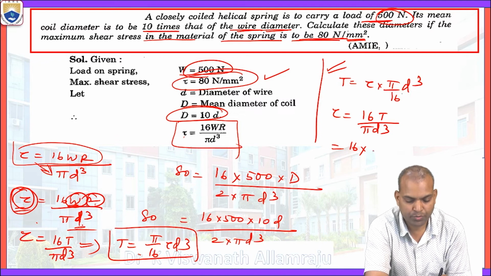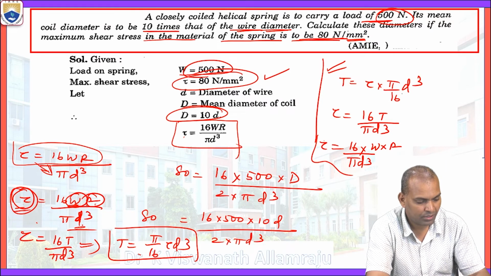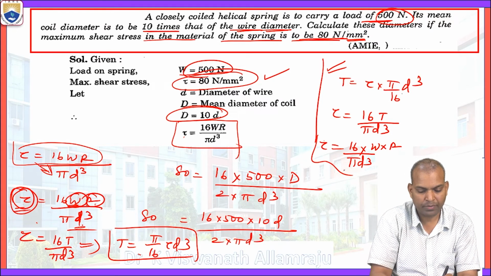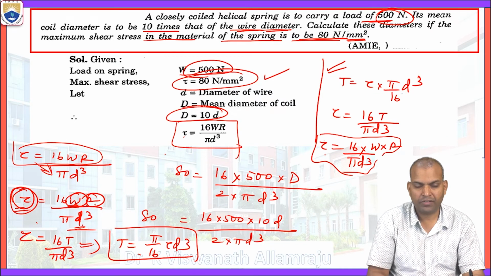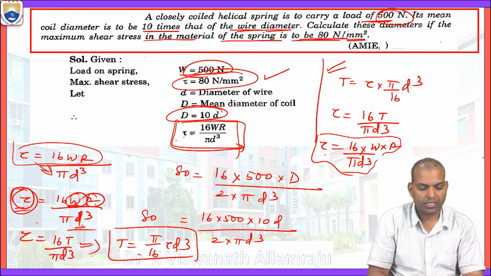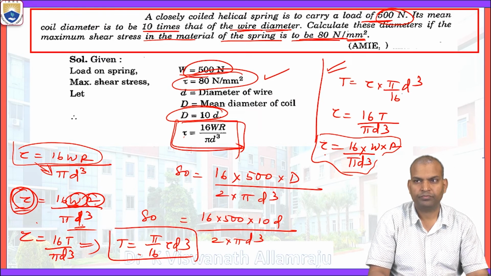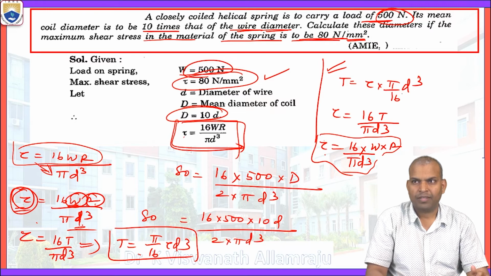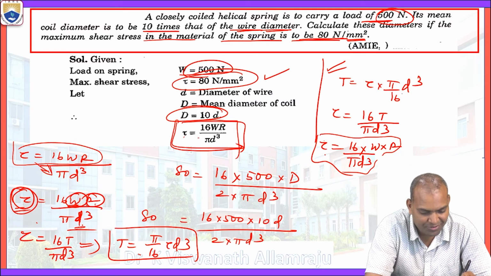Torque T in the case of springs is W times R. That is the formula here: 16 times WR by pi d cube. How did this formula come out? From the torsion formula which we got. So the shear stress equals 16 times WR by pi d cube.